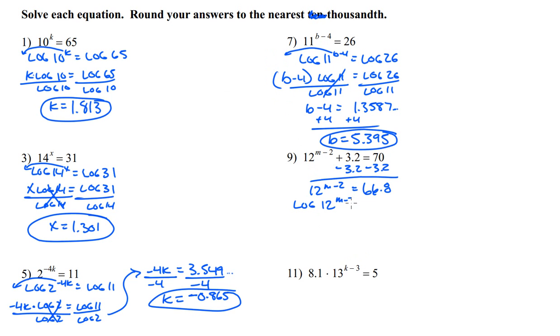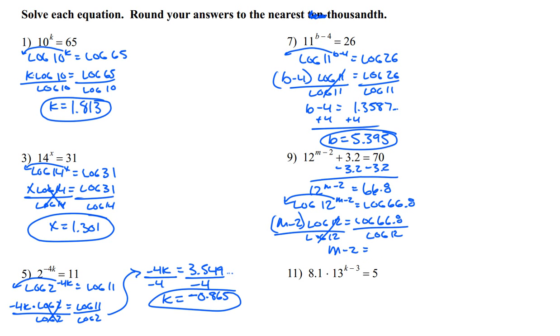Log 12 to the m minus 2 equals log 66.8. M minus 2 comes out front, times log 12 equals log 66.8. Divide both sides by log 12. Those go away, and we get m minus 2 equals log 66.8 divided by log 12.